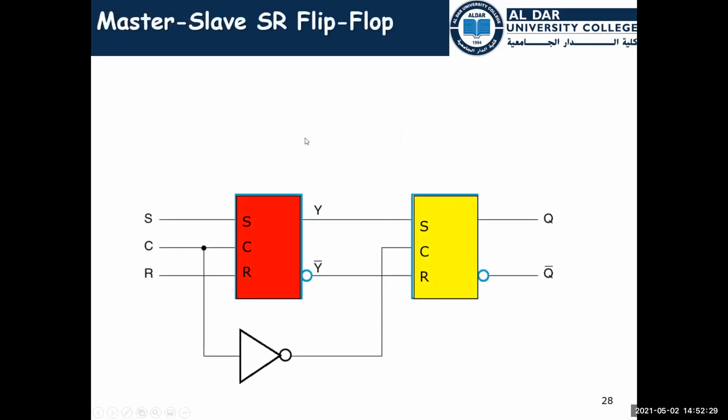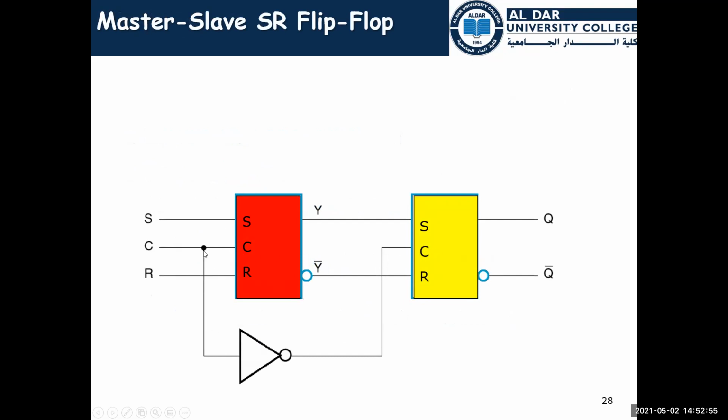This is the first flip-flop that you may see. It is implemented by using two SR latches, and the control or the clock is coming from the input. From the first one it is inverted to the second one.